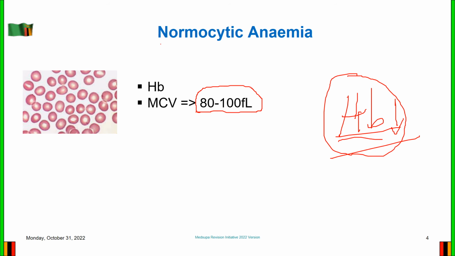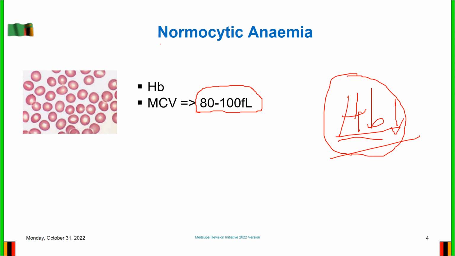There's no significant change in terms of the size when we check on the RDW, where we're going to say no, 4 femtoliters is able to make a significant change. No, we have only noted a significant change when it is above 100.